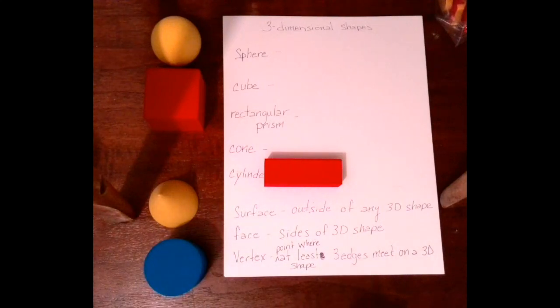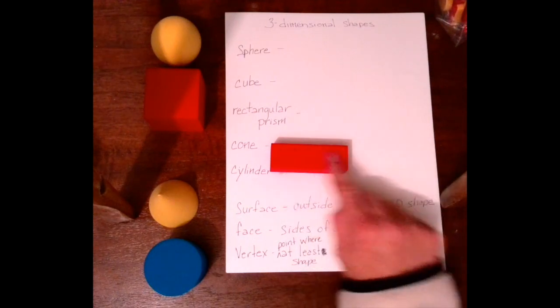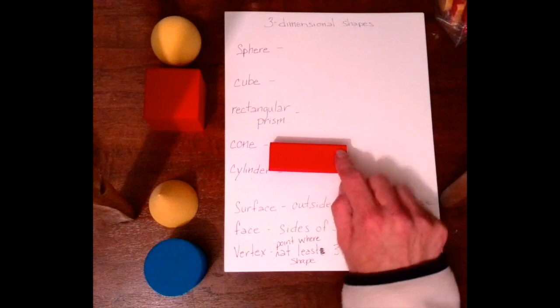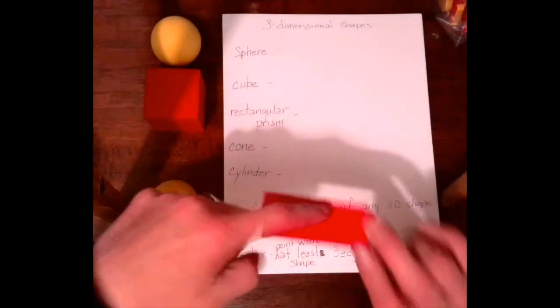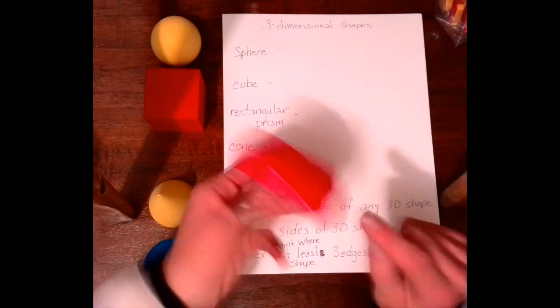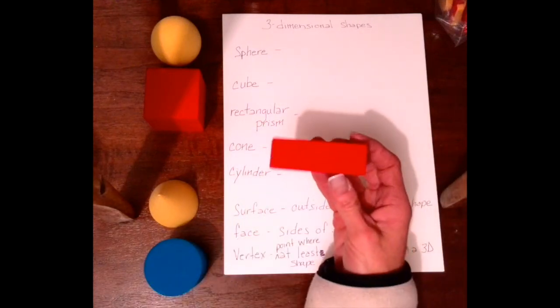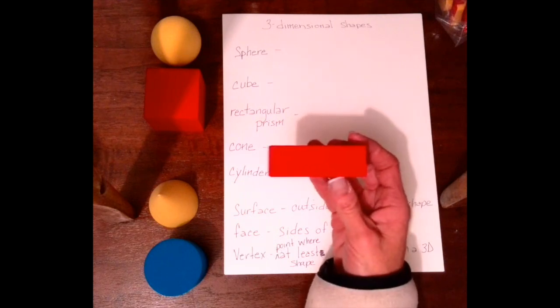I could describe this rectangular prism as having 4 rectangular faces and 2 square faces. There's 1, 2, 3, and 4 rectangular faces, and 2 square faces. Every rectangular prism has that attribute.